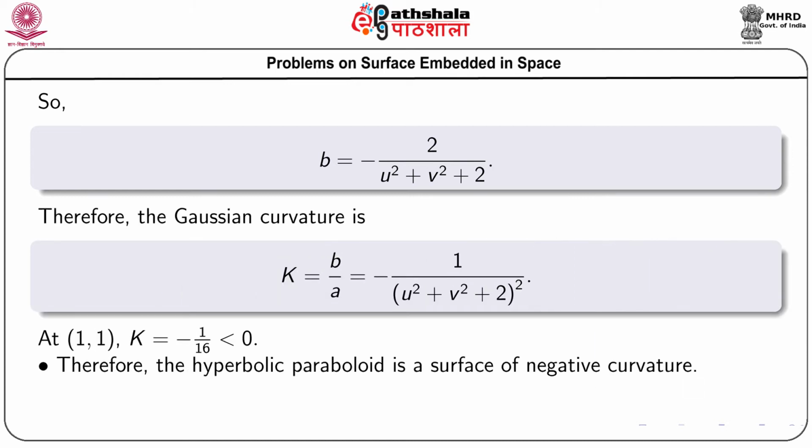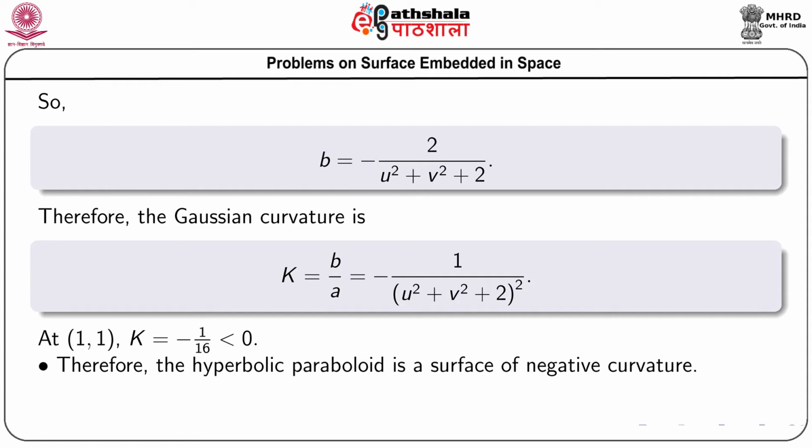Therefore, the Gaussian curvature is k equals to B by A. We know from the Gauss equation, this is the Gaussian curvature, which comes to minus 1 by u square plus v square plus 2 whole square, and at the point u equals to 1 and v equals to 1, the Gaussian curvature is coming to minus 1 by 16, which is less than 0.